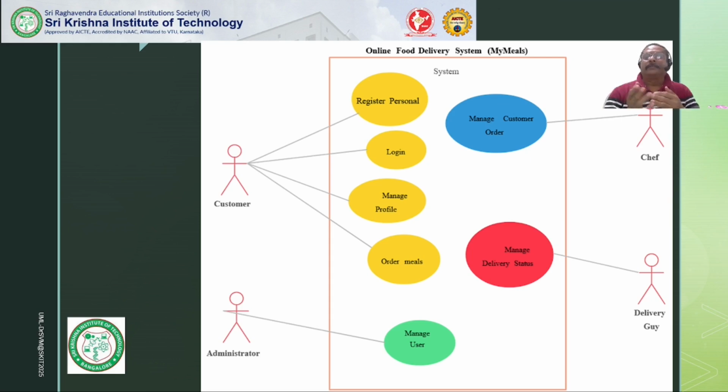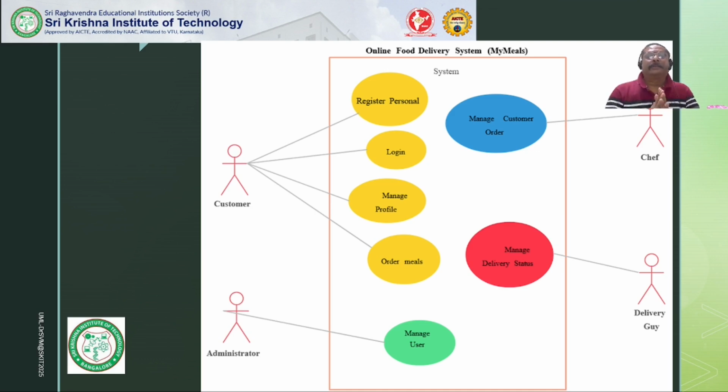So chef and delivery guy are the secondary actors, and customer and admin are the primary actors. As a standard, all the primary actors are put on the left side of the system, and all the secondary actors are put on the right side, which makes things even clearer.